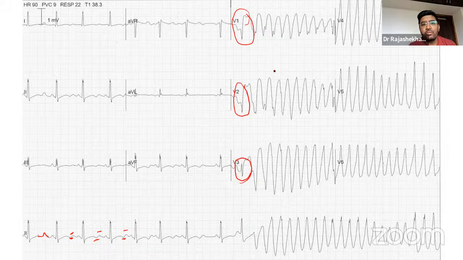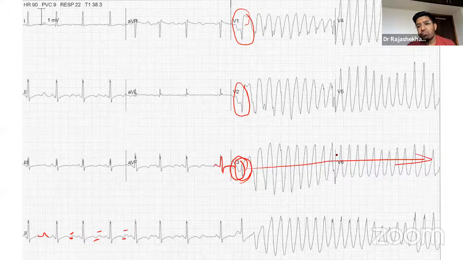If you take the magnification here, this is a P wave, this is a QRS, this is a T, exactly with the T the ectopy is falling, and it is causing the polymorphic VT. So this is called the R on T phenomenon.